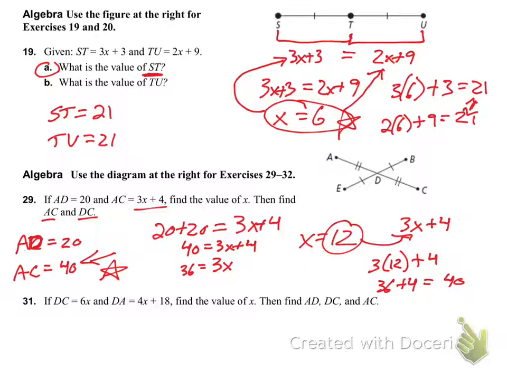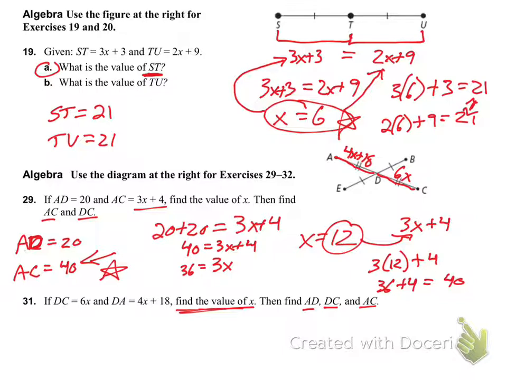Number 31. DC, so this line right here, is going to be equal to 6x. And if DA, so this segment right here, is going to be 4x plus 18, find the value of AD, DC, and AC. First we have to find out what the value of x is.